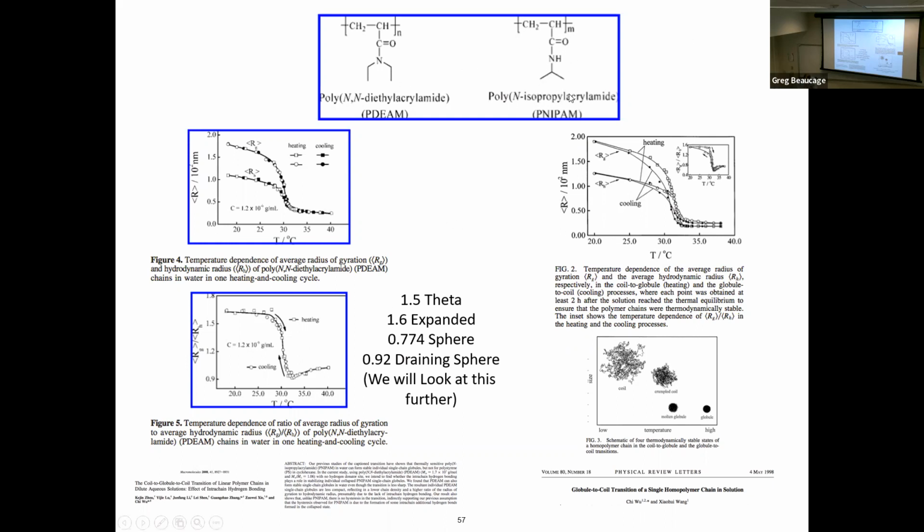PVME is kind of the same thing, but it's showing here a picture of how that works. Anyway, they get that it transitions from a 3D to an expanded coil, but they get this overshoot here, hysteresis they call it. They make a big deal about the hysteresis and what's going on in it.